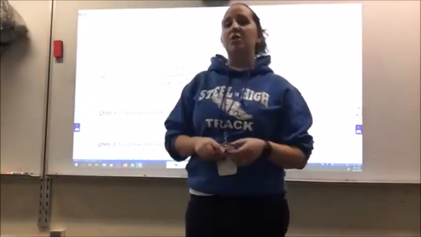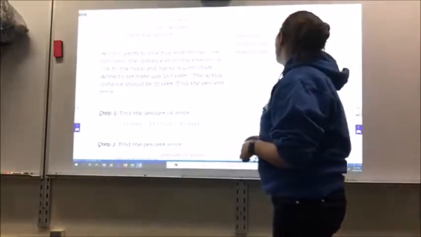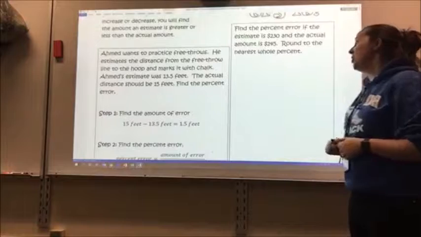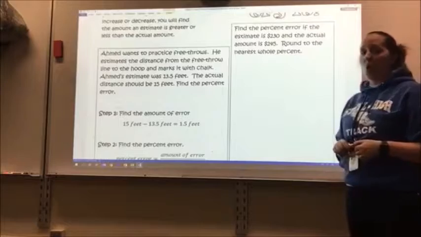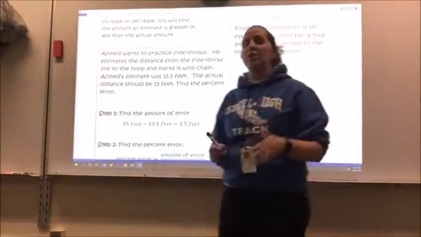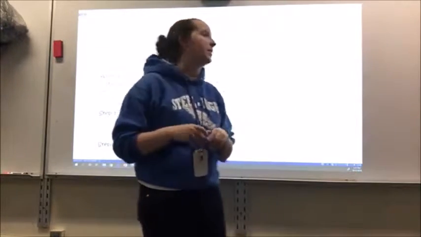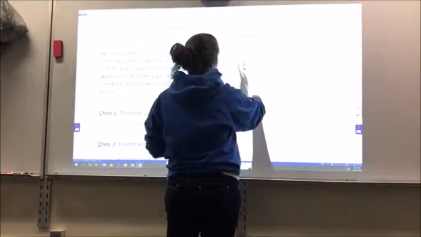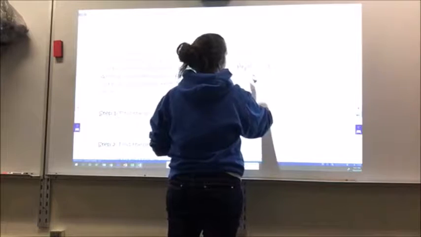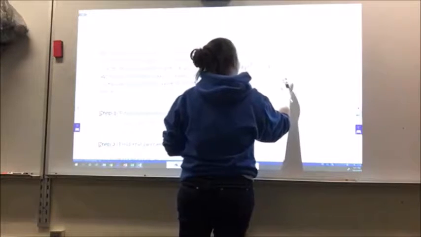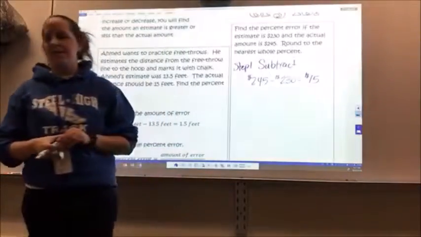All right, now that you've had a chance to try out the try it problem, let's go over the answer together. The problem asks me to find the percent error if the estimate is $230 and the actual amount is $245. Round to the nearest whole percent. The first thing I want to do is find the difference between those two numbers, so I subtract them. This is step 1. I take 245 minus 230, and that's $15, a difference of $15.